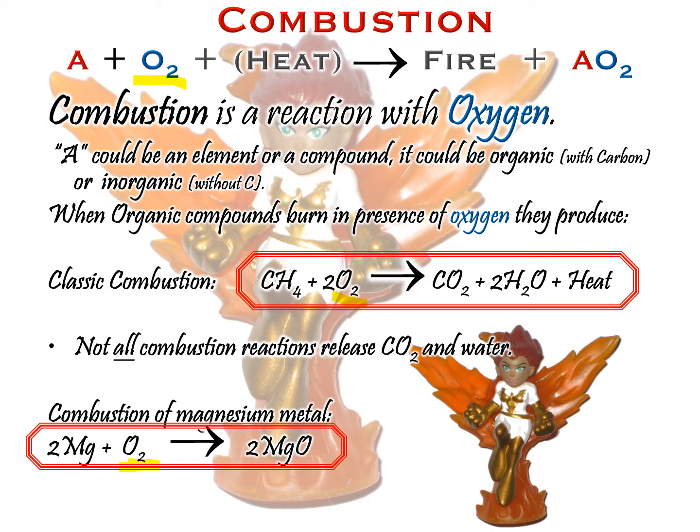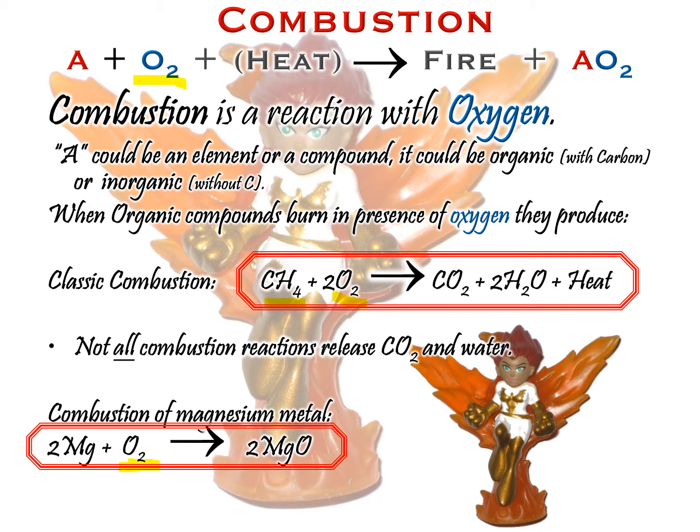Remember, organic chemicals contain carbon. So classic combustion, the one in the middle, we'll talk about that one first, is a reaction with a carbon-based chemical, an organic chemical. In this case, methane, right there, CH4. That's your ultimate form of combustion, the kind that I would expect you to picture as the stereotype of combustion.